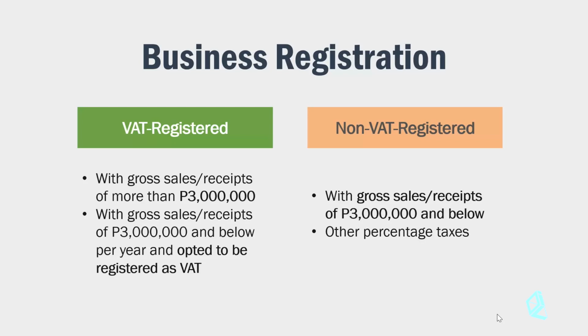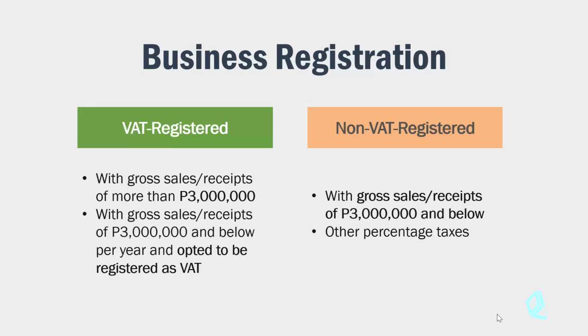Now, if you do not reach 3 million pesos or you do not exceed 3 million pesos, then you have to register as a non-VAT registered taxpayer. So, any taxpayer who is not registered as VAT should be considered as non-VAT registered, obviously, of course.